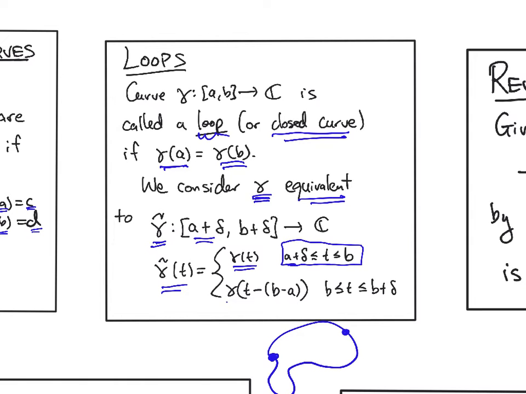And then I just have some kind of trick to parameterize the rest of the loop using the remainder of this interval. I haven't changed the length of it. But so we'll consider our original loop equivalent to this one in some sense, and we'll also maintain the earlier equivalence. So if you reparameterize or shift the starting point, you'll consider them the same object.